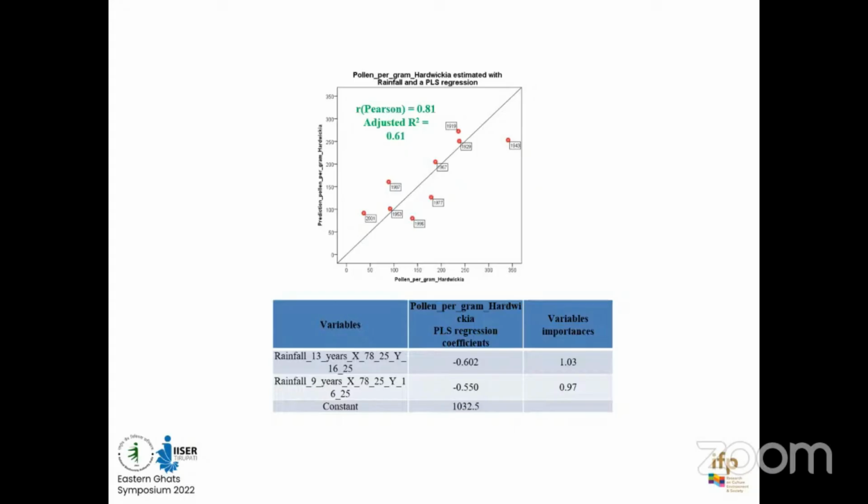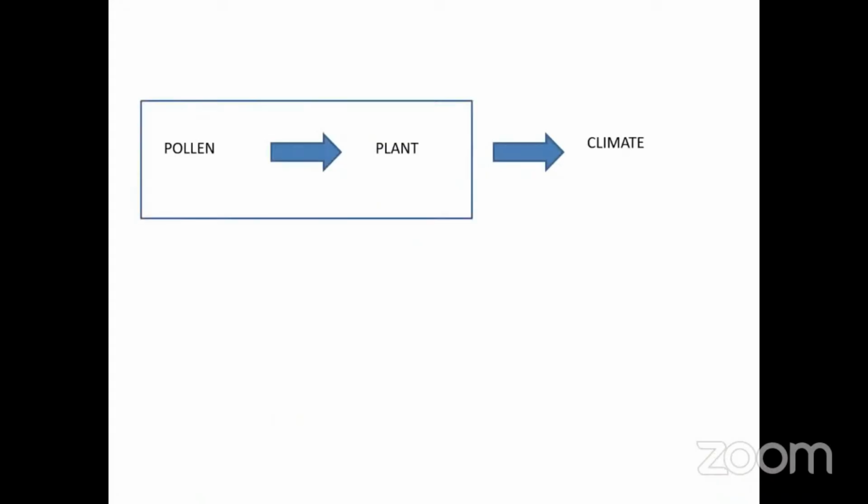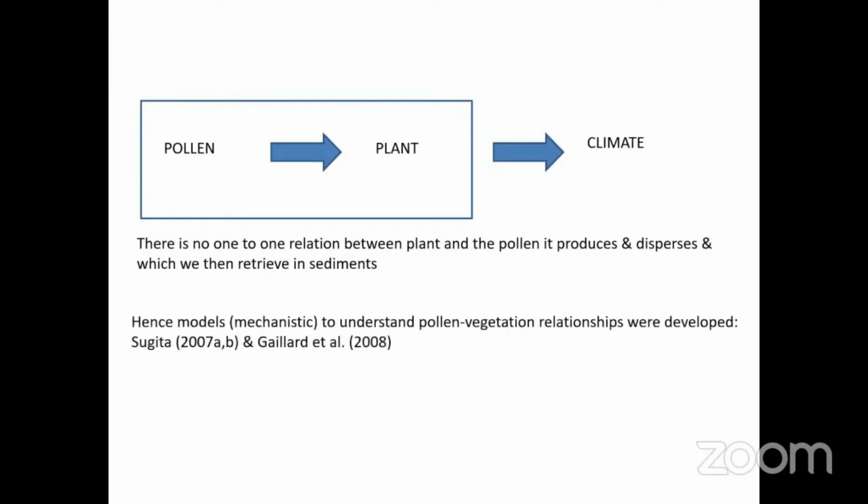So all of this is very important, but if we want to apply this pollen data into models, that is climate models, which are using feedbacks from land cover, then we need to go about it in a slightly different way. As I already mentioned in the caveats, there's no one-to-one relation between the pollen and the plant, and it is only indirectly that the climate is linked with it.